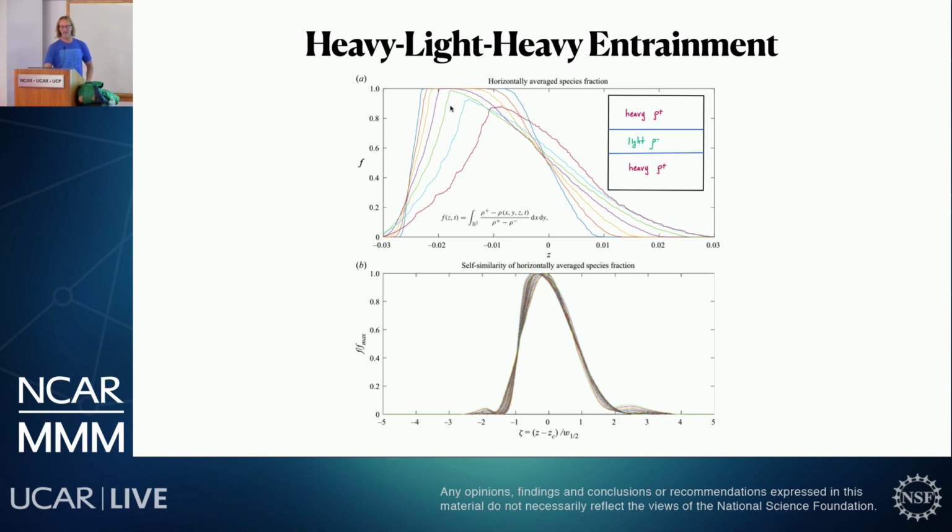And then if you rescale it by centering it at the peak and dividing the width by this half width, the half width meaning the width halfway up, you get the exact self-similar progression of entrainment that's predicted by theory. So the model is quantitatively matching the theoretical prediction. It's not just giving you the correct qualitative dynamics, it's actually giving you the right numbers.